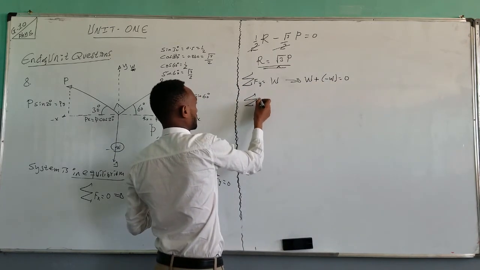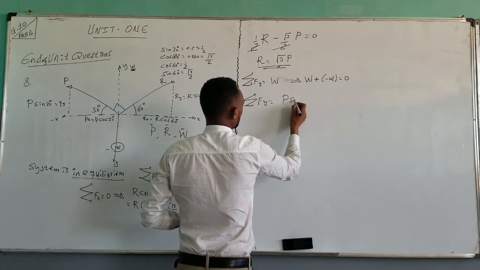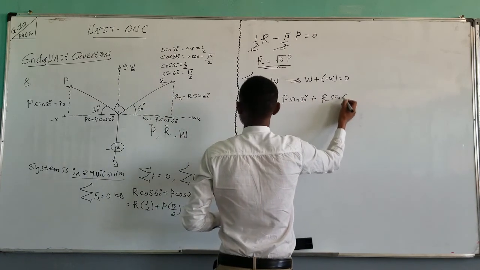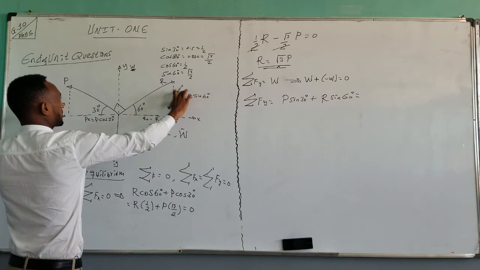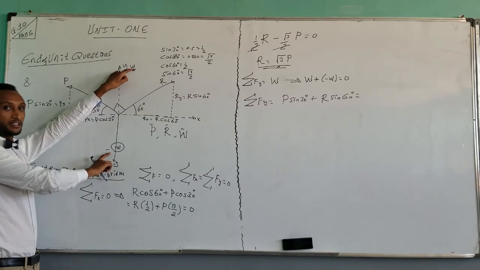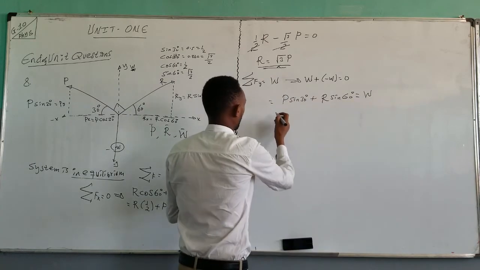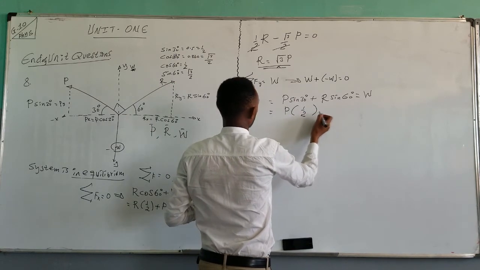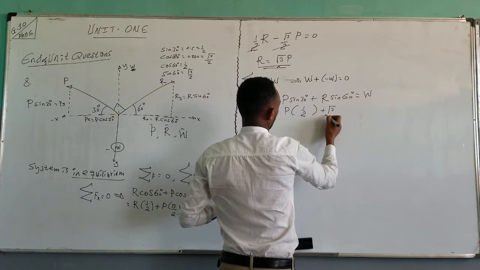Now you get that the summation of Fy is equal to, in y components, P sine 30 degrees plus R sine of 60 degrees, which equals, since the system is in equilibrium and we have here the negative W, P times sine of 30 degrees, which is 1 over 2, plus sine of 60 degrees, which is root 3 over 2.